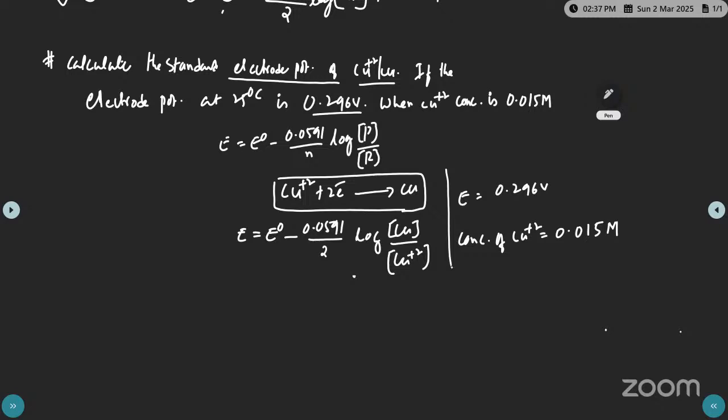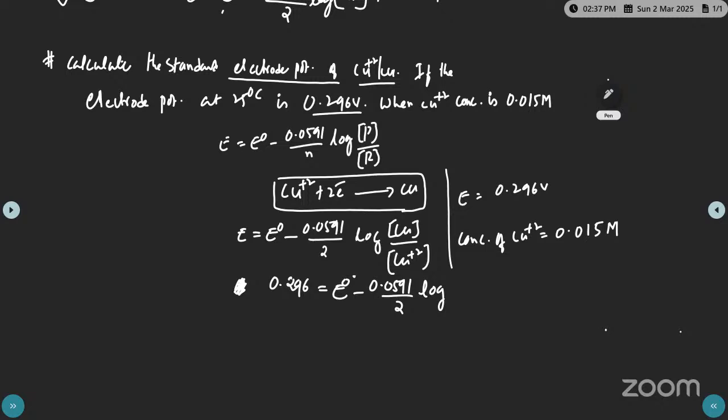Okay. So ఏం కావాలి మనకు? E naught కావాలి. So E given that how much it is? E ఇచ్చాడు ఎంత? 0.296 is equal to E naught ఇవ్వలేదు, అది ఫైండ్ అవుట్ చేయాలి. సో E naught minus 0.0591 by 2 into log of, so concentration of copper.